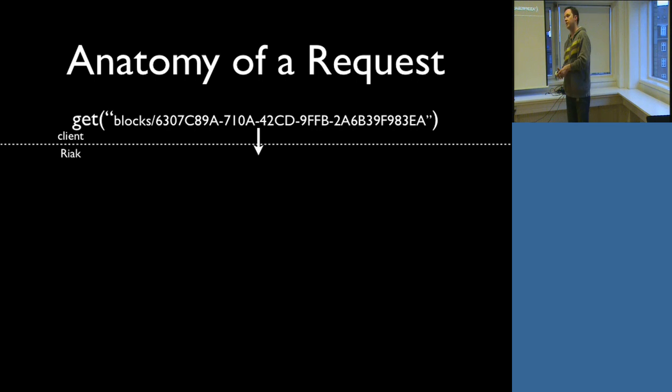We ship clients in .NET, Ruby, Java, Scala, Haskell, Go, and pretty much any modern language, you can find a client. Or if you want to use the HTTP interface, any language that can speak HTTP can be a client for Riak. So here we're in the client's process space. The client says, in this example, it looks like we're storing blocks of some file or whatever. The client issues the request to Riak.